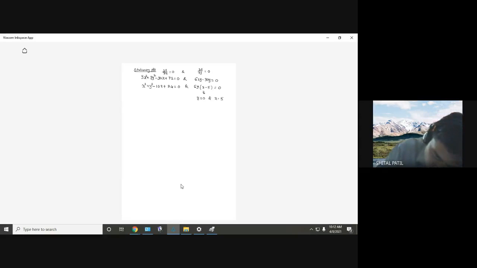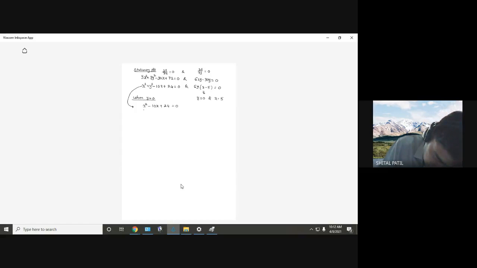So in the first equation, I'll substitute y equal to 0 and we'll see what happens. When y equal to 0, x square minus 10x plus 24 equal to 0.